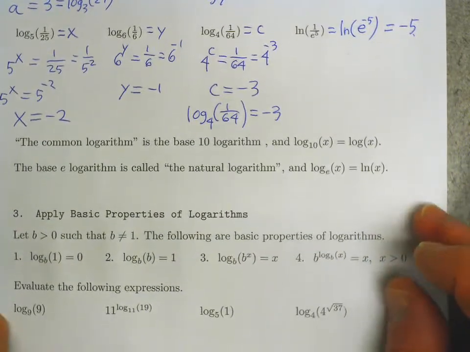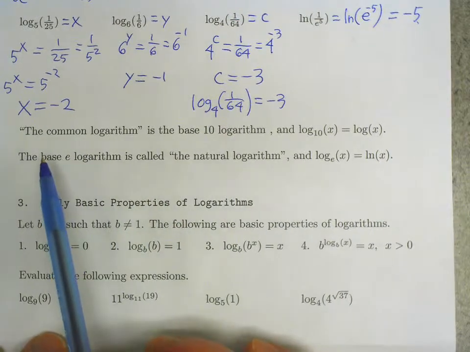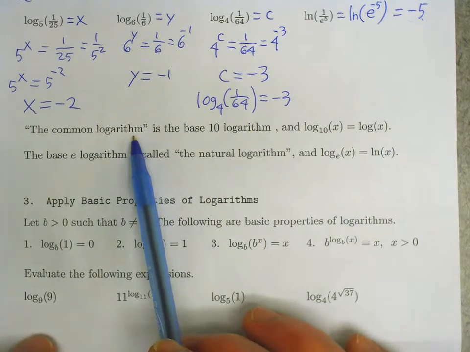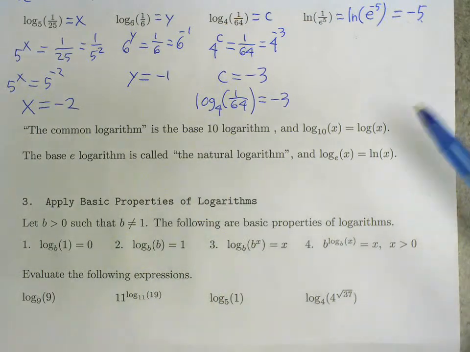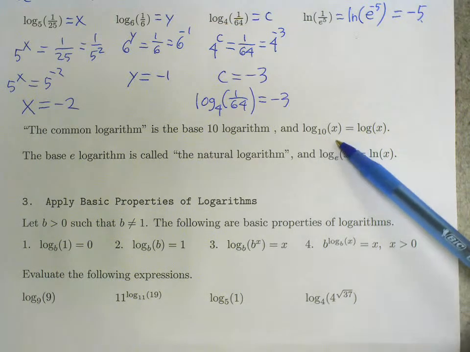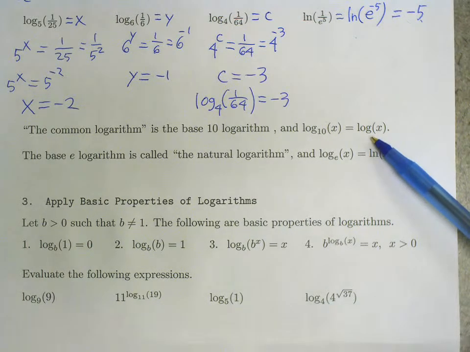Okay, a couple of terms that you need to be aware of. The common logarithm is the base 10 logarithm. And you can write log base 10 of x, but whenever you see the log notation without the base, it's understood to be the base 10 logarithm.